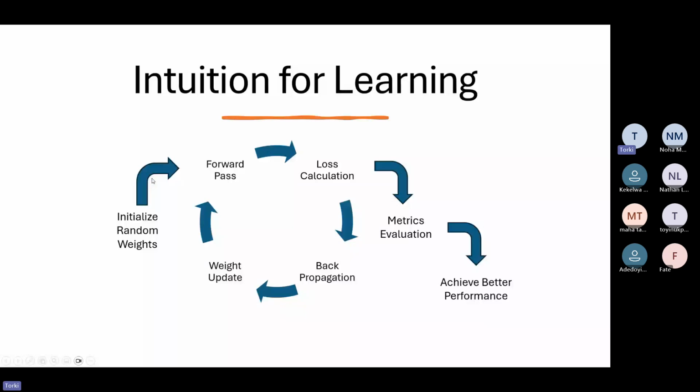But if you apply the randomly initialized model on the training data, you will not obtain good predictions. You will always get bad predictions. Once you get the bad predictions, compute the difference between the ground truth and your predicted output. If there is much difference, it means the loss will be high.